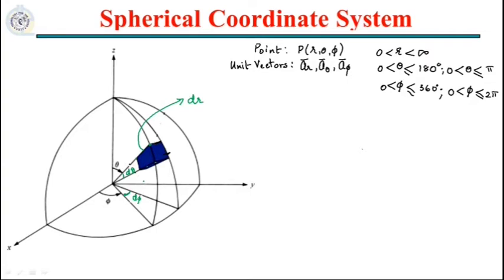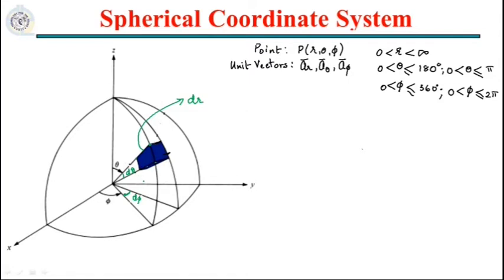Okay, so in this case, what is the distance from the reference? What will be the radius? In cylindrical coordinate system, it was very simple. Our axis was the reference, and that was the z-axis. So at all points, the radius is always along the z-axis, and so we said r d phi is our arc length.